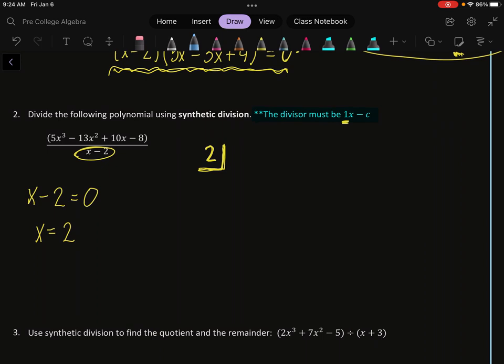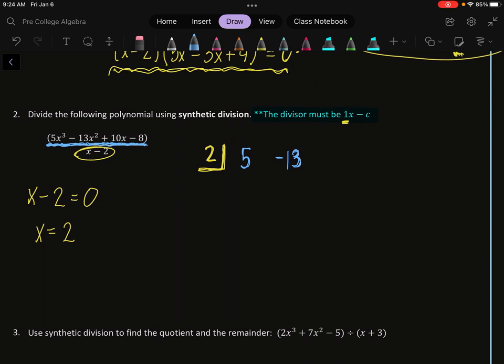Then some people start off with doing the coefficients first. We need to use just the coefficients of this polynomial. So we're going to list them in order. We have 5. We have negative 13. And make sure you have your calculators out, because we're going to have to multiply some stuff and add it.